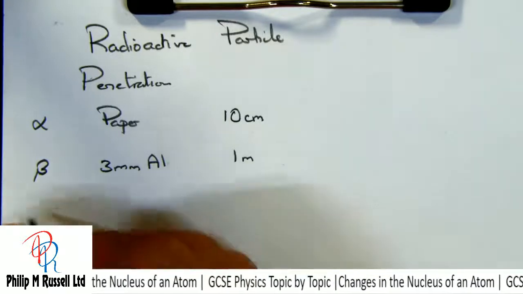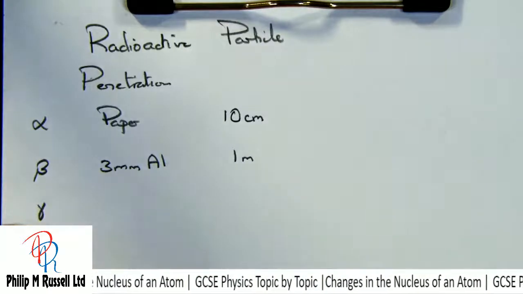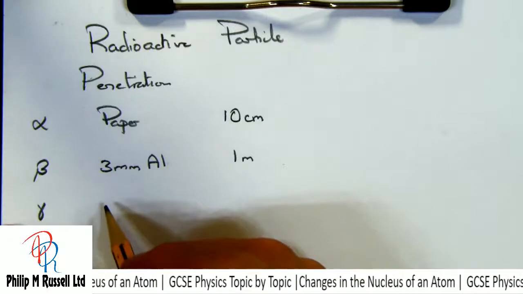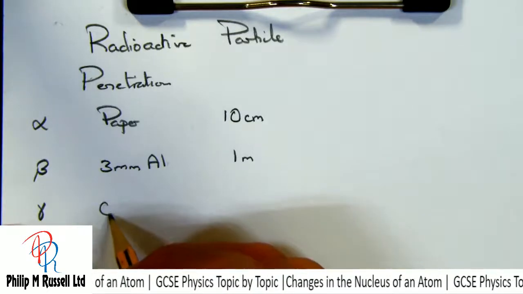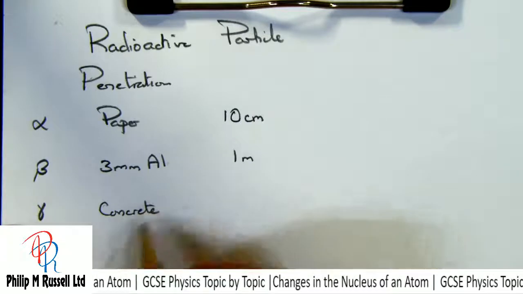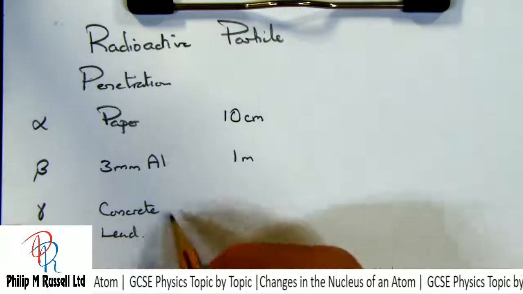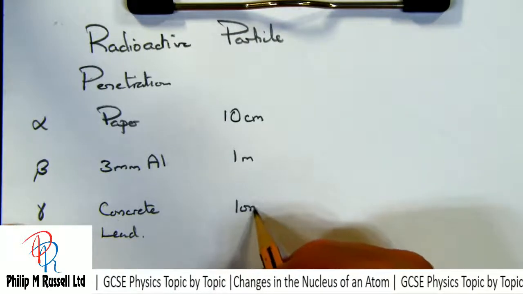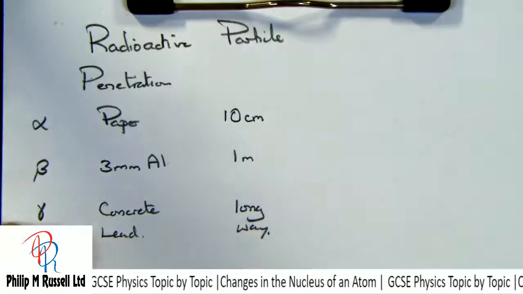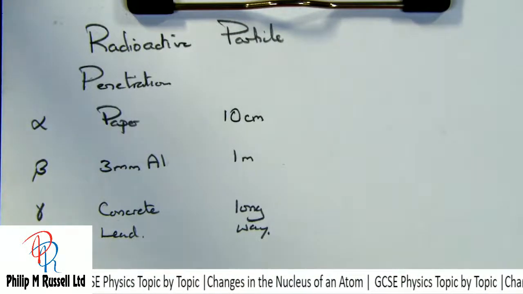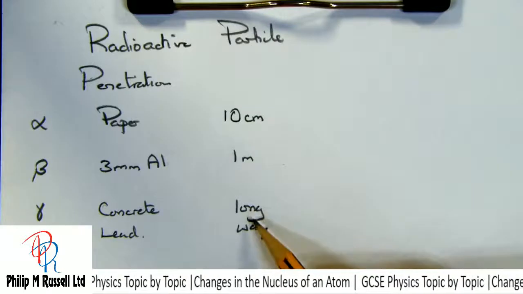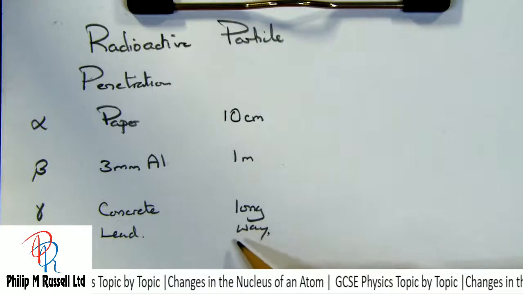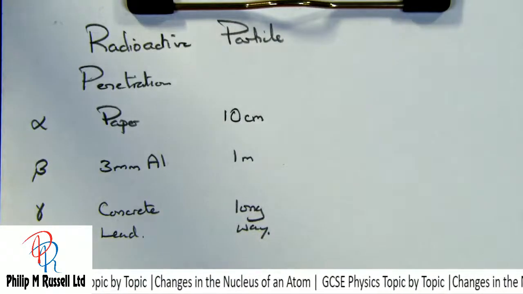It depends upon their power. And then the gamma rays, these are much harder to stop, and we're looking at probably a fair bit of concrete or lead to try and stop these, and they're going to travel, I'm just going to put down here, a long way, because basically we're not going to manage to measure those. The penetration power of the gamma rays can be quite considerable.